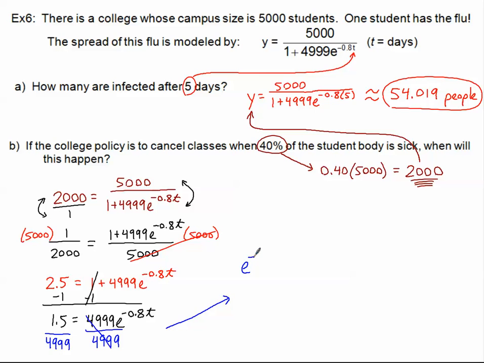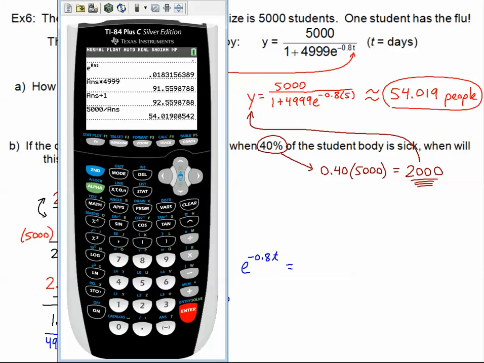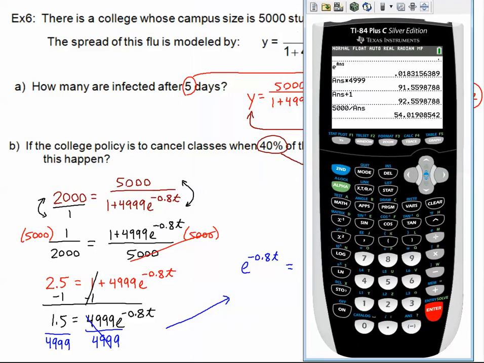I'm going to have e to the negative 0.8 t is equal to, let's do this on the calculator so we can have something there. We've got 1.5 divided by 4,999. It's probably not going to be the best decimal. No, it's not. It's about 3.001 e to the -4.